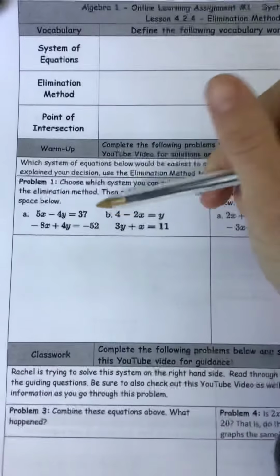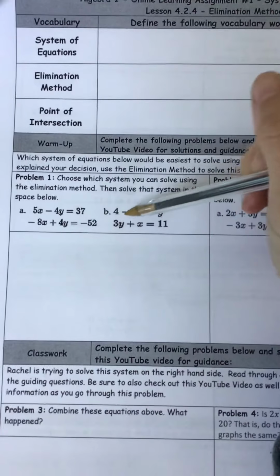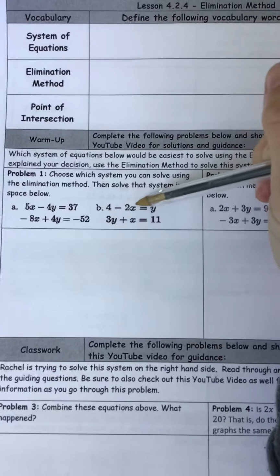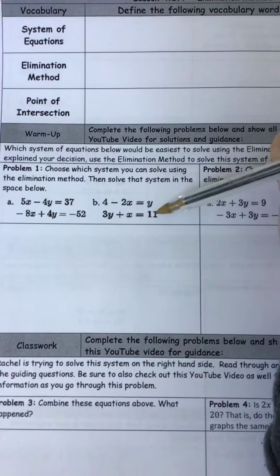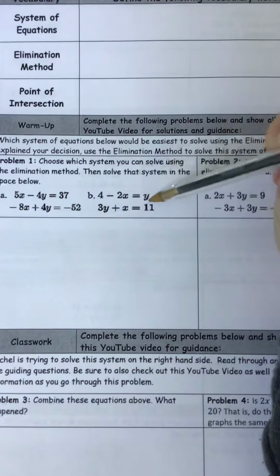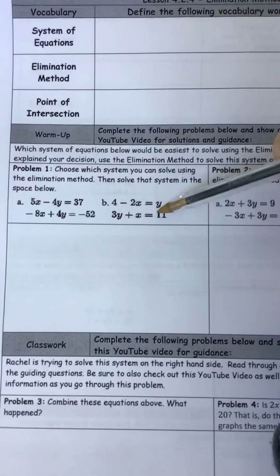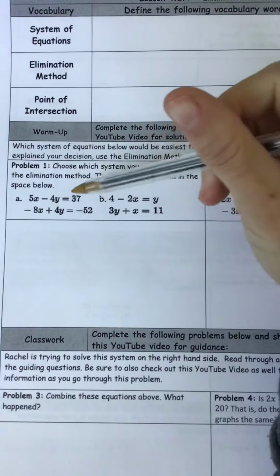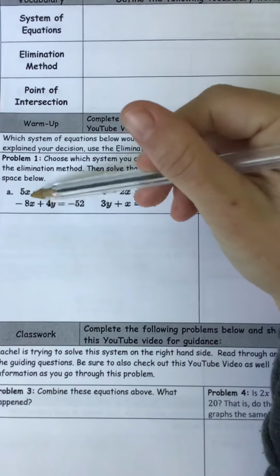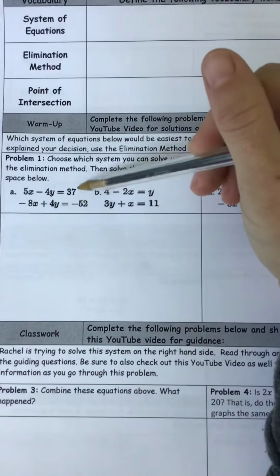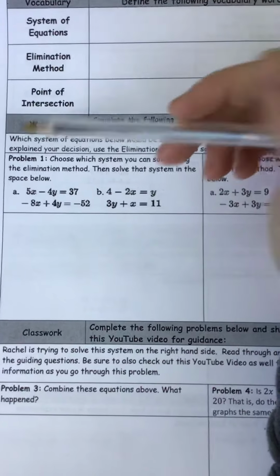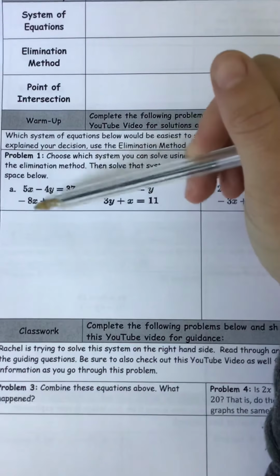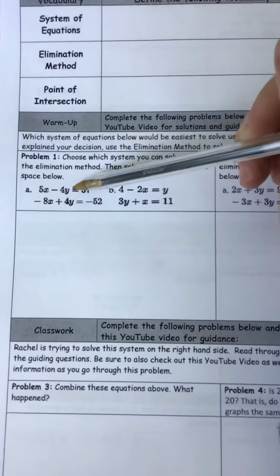In B, you have 2x, x and y, and 11. The y's are not lined up and the whole numbers are not lined up. Remember, with the elimination method, we want the numbers lined up nice and neat with their correct terms. That obviously makes A the more desirable one to use elimination.